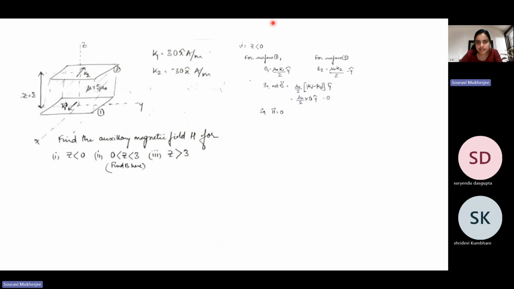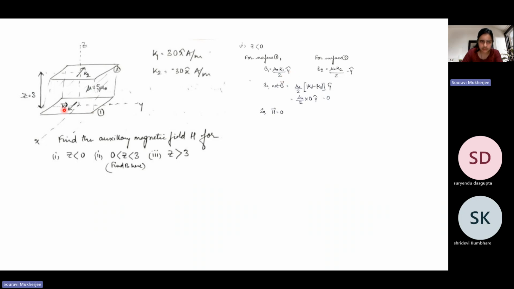Okay, so for z less than 0, if you just look at this surface, for the first surface, what will the field be? The field will be given as mu 0 k1 by 2 y cap, right?